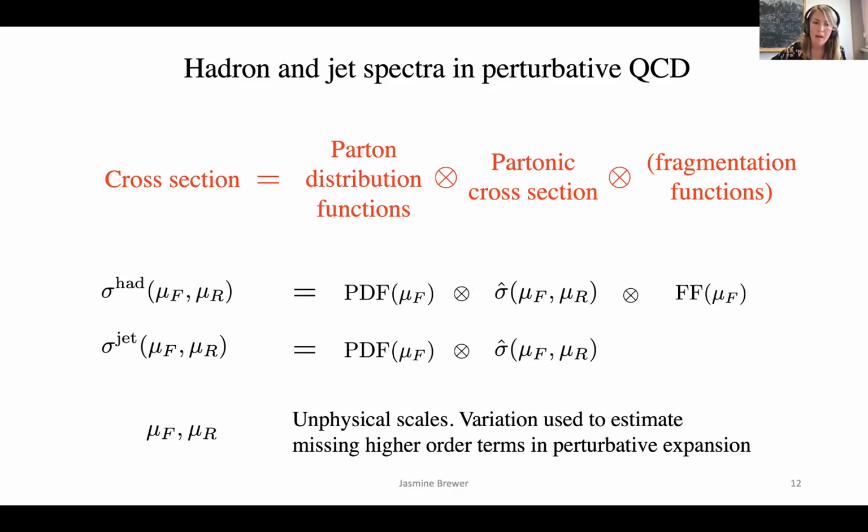In this case, μf and μr are unphysical scales, and we use their variation to estimate the impact of missing higher order terms in the perturbative expansion. The variation of μf and μr is what I call scale uncertainties in the coming plots.